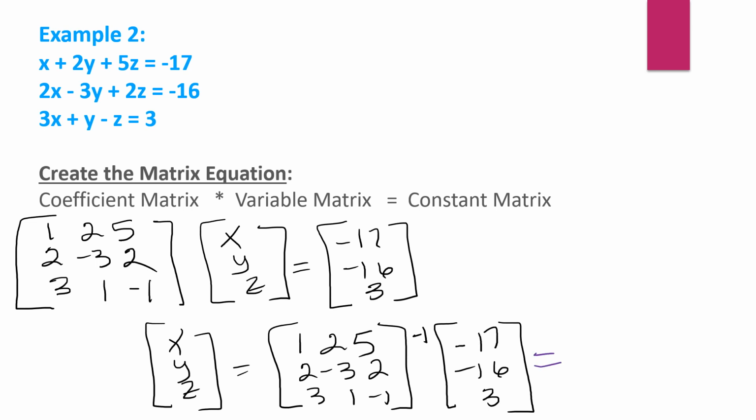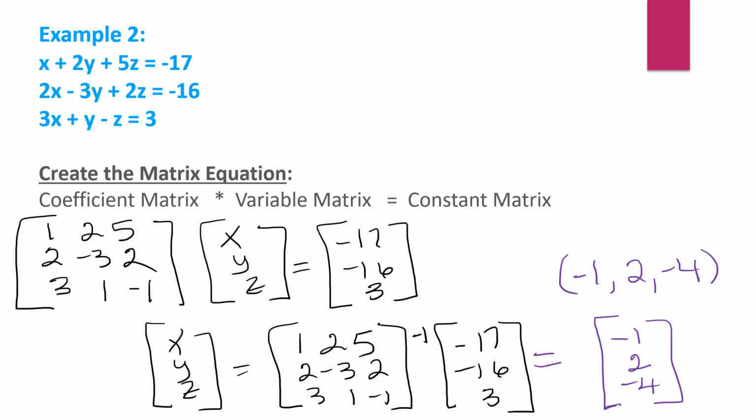Your solution at the end, hopefully you get all this typed in correctly and don't make any silly mistakes, you should have -1, 2, and -4. So your ordered triple will be -1, 2, -4, written in parentheses, horizontal.